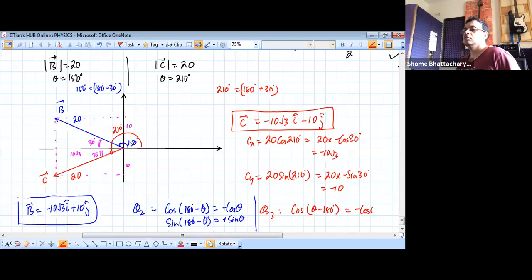So sine of theta minus 180. The diagram. Hope this is clear, people.